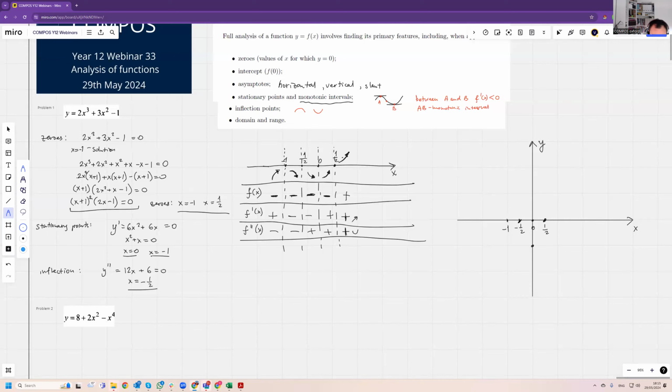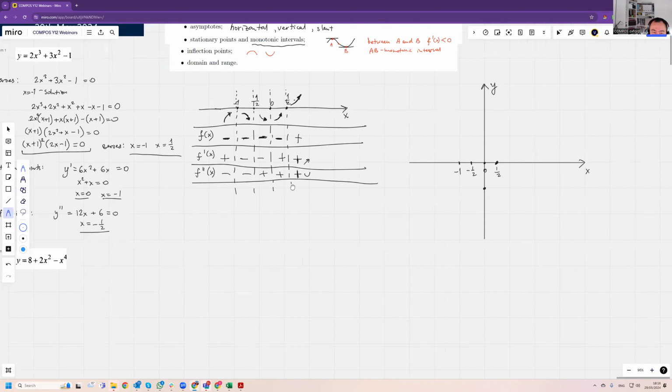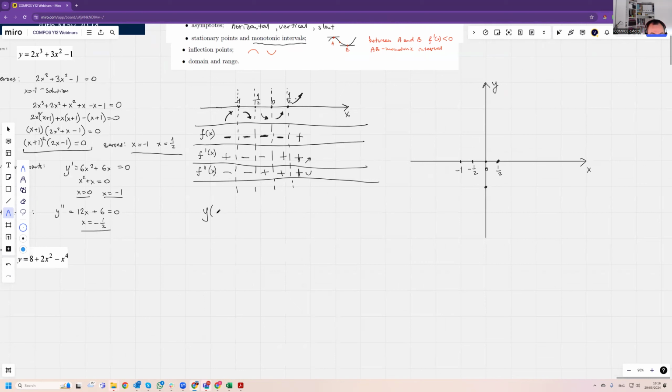So I need to substitute minus 1/2. And that's where it gets tricky. If you're doing it without a calculator, substituting minus 1/2 into this equation is not the best thing, but okay, I have to do it. So y of 1/2 is 0. Y of 0 is -1.